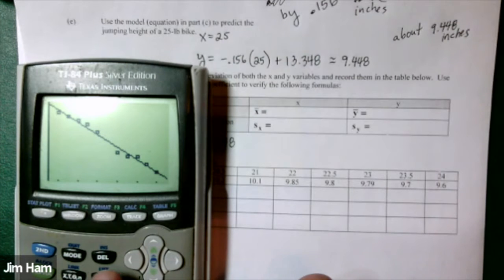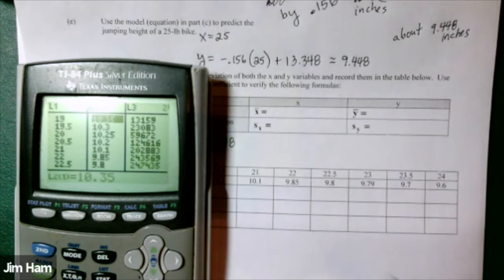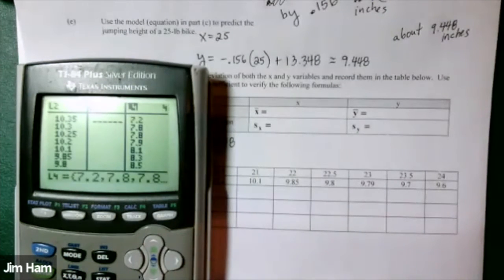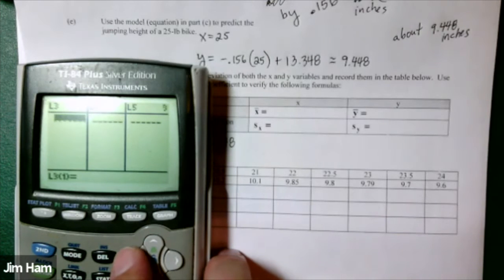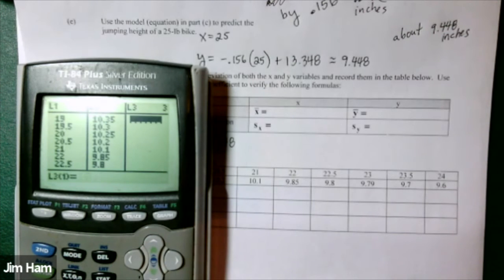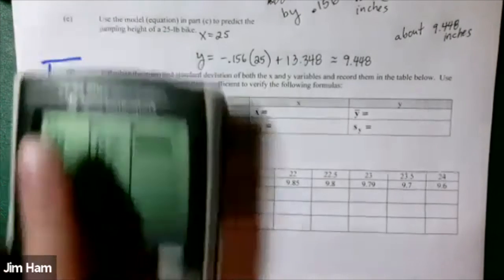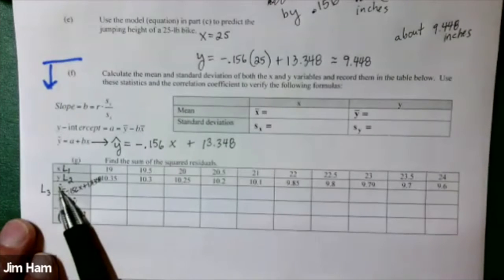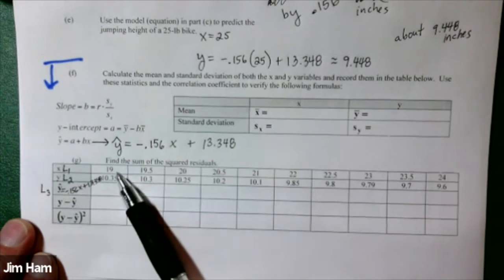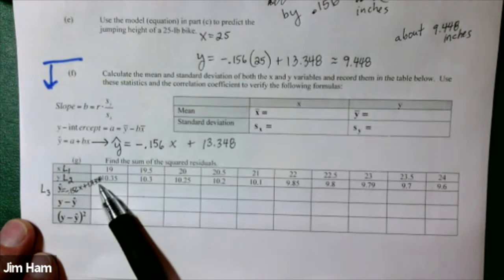I'm going to go back to the lists, and I'm going to clear out 3 more lists here, because we're going to use L3, L4, and L5. Now the first thing, this is the trickiest one, because the L3 values are going to be all these X values plugged into our regression equation.